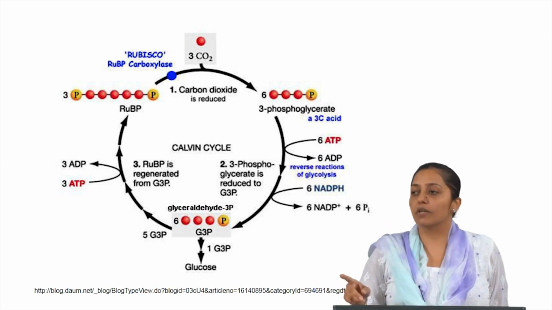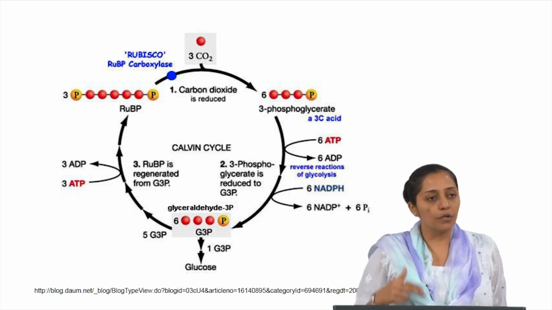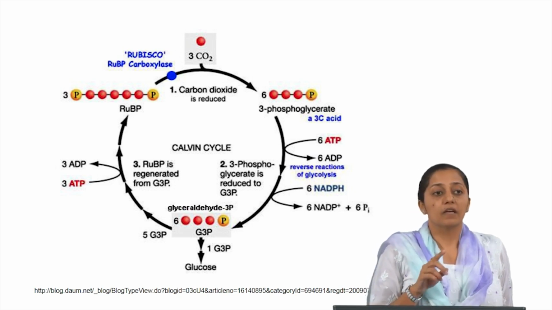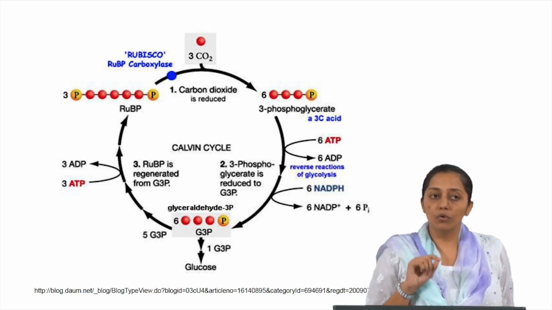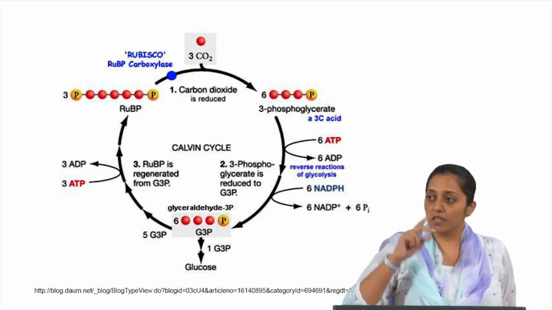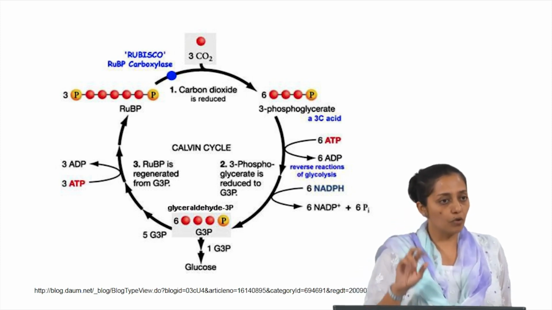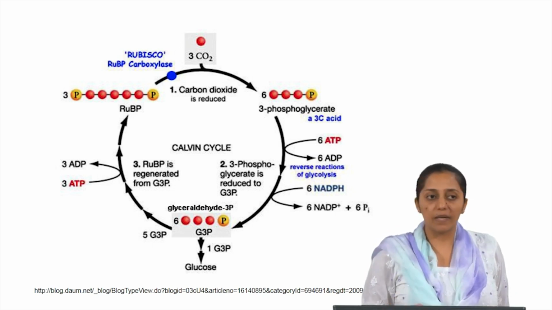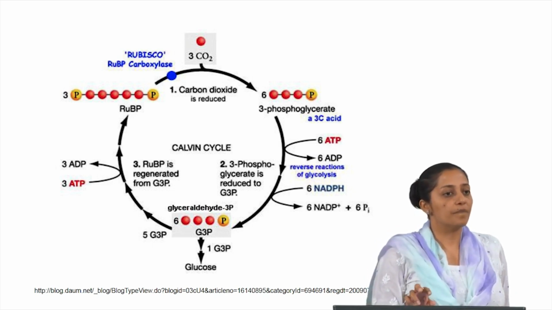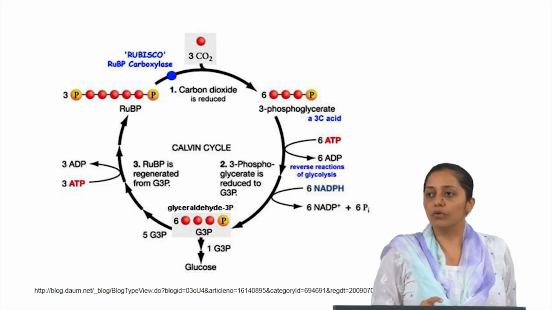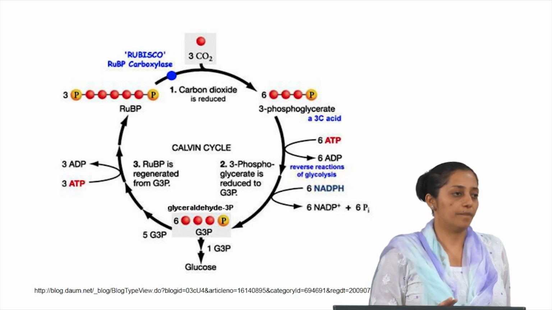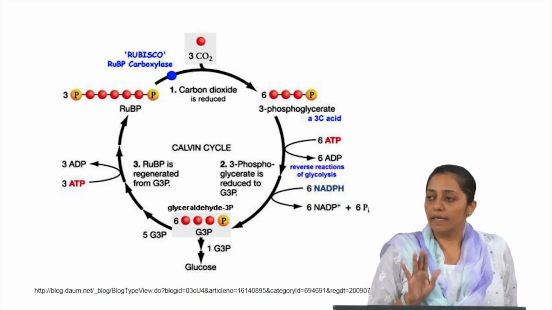Now, this phosphoglyceric acid is then reduced using ATP and NADPH, and if you remember your gluconeogenesis, which is the reverse of glycolysis, it is similar to those reactions. Such reactions take place to convert your phosphoglyceric acid to 6 molecules of glyceraldehyde 3-phosphate.